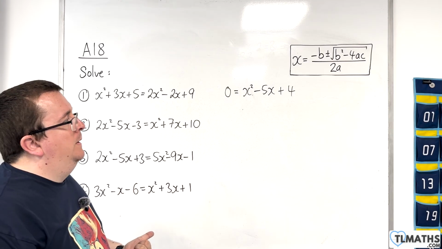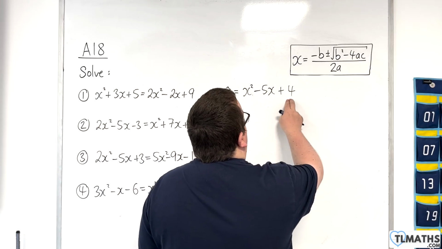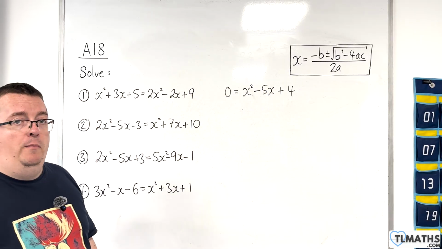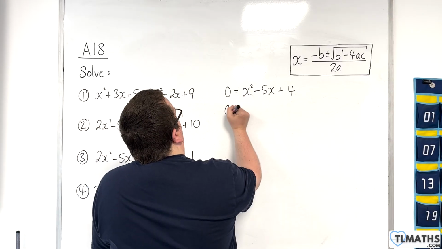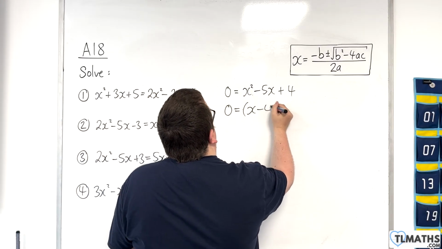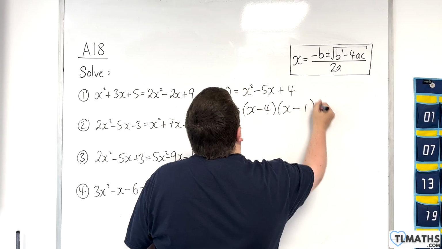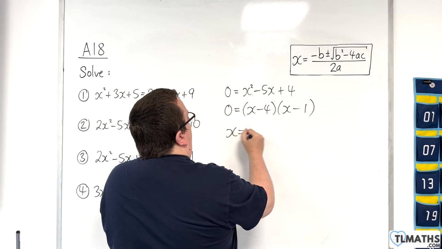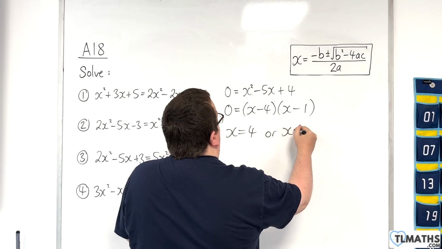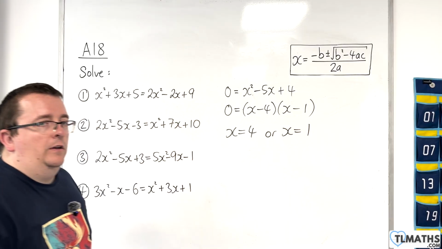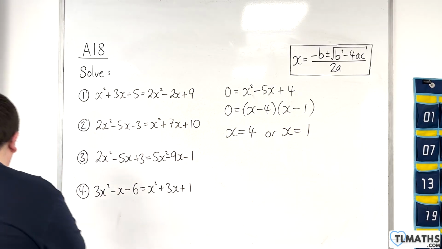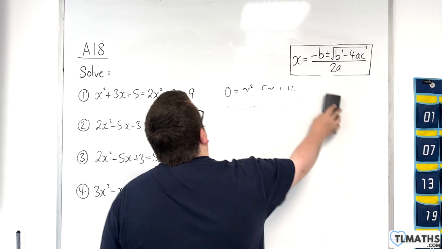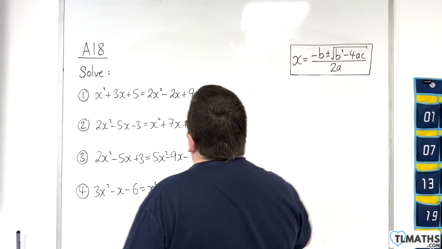Two numbers that multiply together to make 4, but add together to make minus 5, would be minus 4 and minus 1. So this one factorises. That means either x is 4 or x is 1. So factorising was good. I could spot that reasonably quickly.